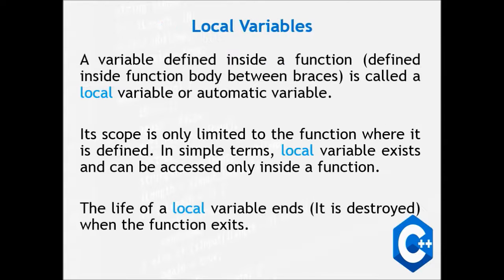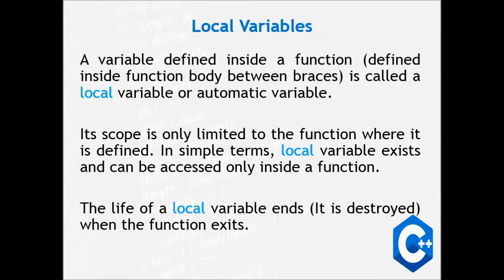Local variables. Let's have a detail on local variables. A variable defined inside a function, meaning defined inside the function body between the braces, is called a local variable or automatic variable.